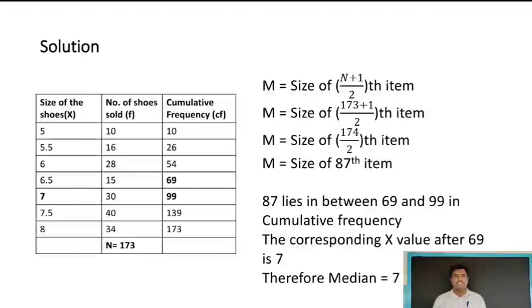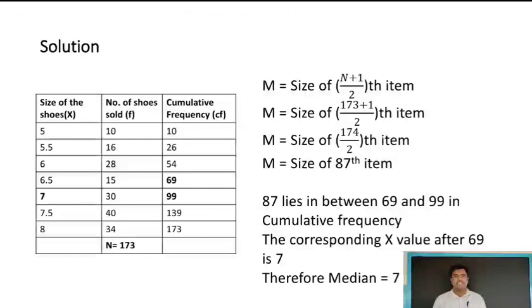I go on adding the frequencies. The first frequency will be the first cumulative frequency itself, so it is taken as 10. Next I add 10 and 16, I get 26. Next to 26 I add 28, I will get 54. So cumulative frequency is calculated.